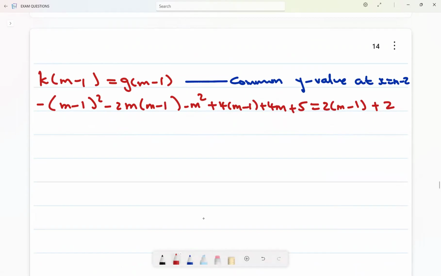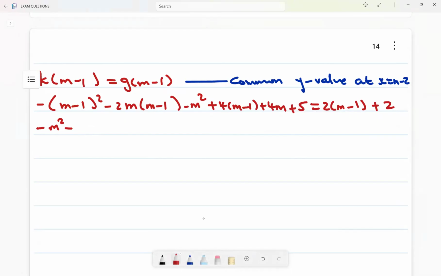So if I do that again, it's going to be negative into m squared minus. Remember, you can do this slow, guys. But now I can already see this.